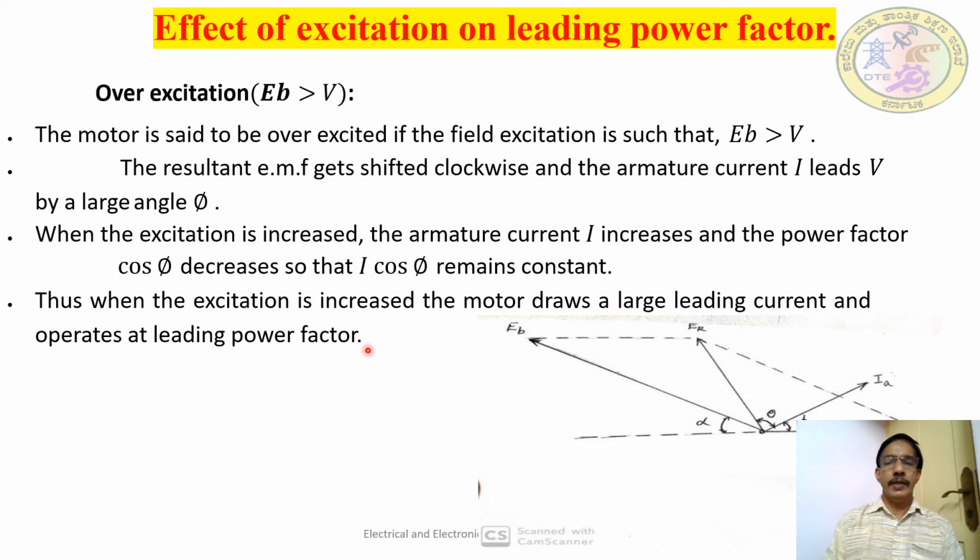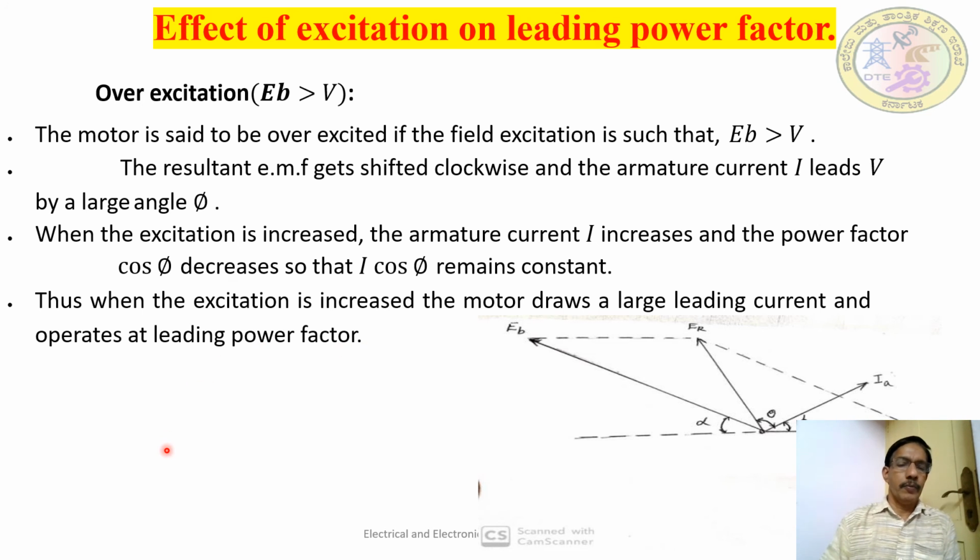So the variation of IA with reference to excitation is the V curve, minimum at unity power factor. Before that, after that, it is more.